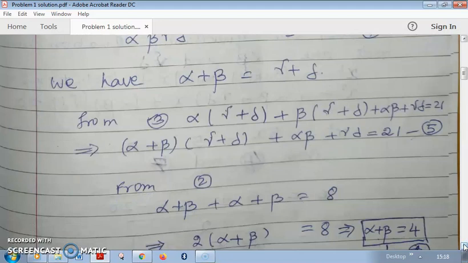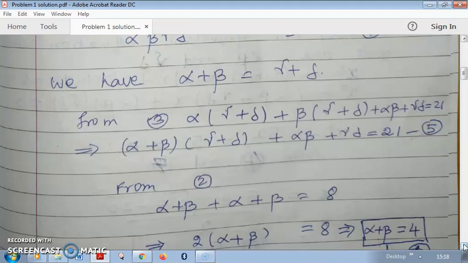The reason for simplifying is we know that alpha plus beta equal to gamma plus delta. In order to use this only I am simplifying. So you will be getting alpha times gamma plus delta plus beta times gamma plus delta plus alpha beta plus gamma delta equal to 21. And ultimately it is simplified to alpha plus beta into gamma plus delta plus alpha beta plus gamma delta equal to 21.